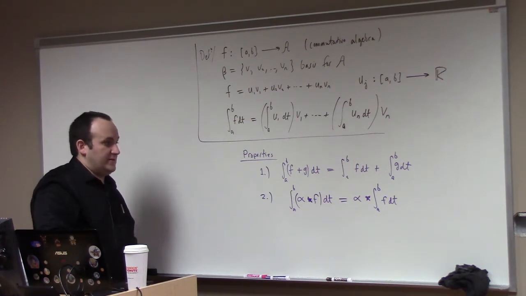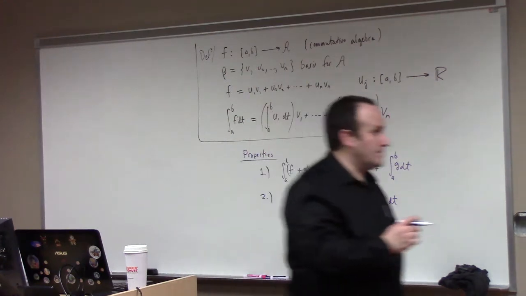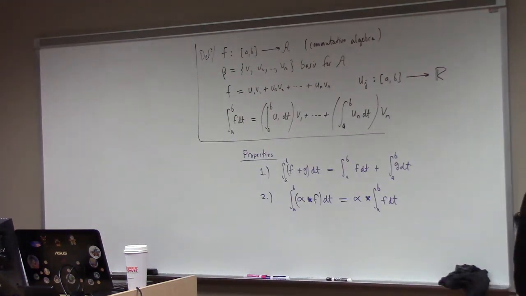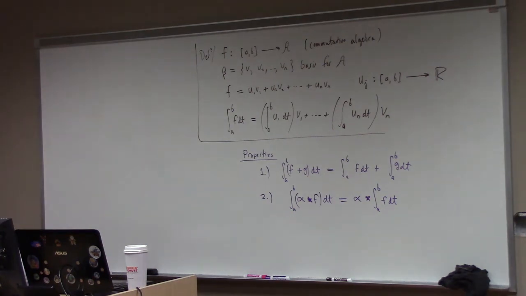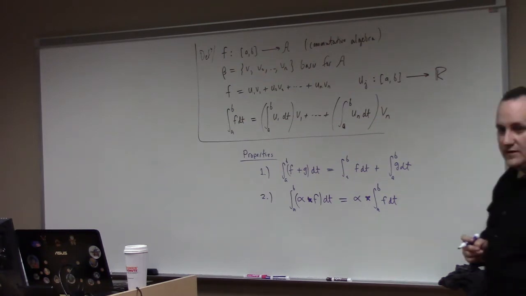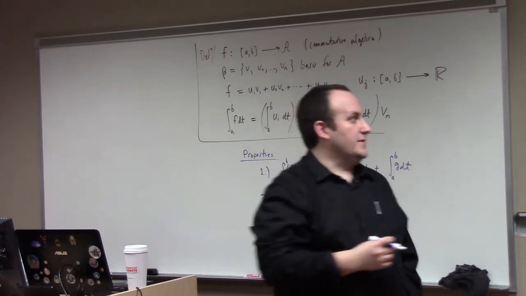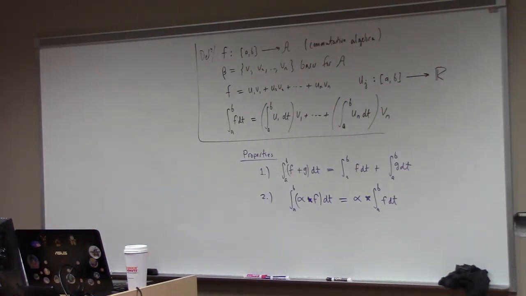What's the proof of that look like? So essentially, if I have alpha times f, that's equal to the sum over i, j, k of c_ijk alpha_i u_j v_k. Using the structure constants like usual, that's the formula. And so this is the kth component function of alpha times f.